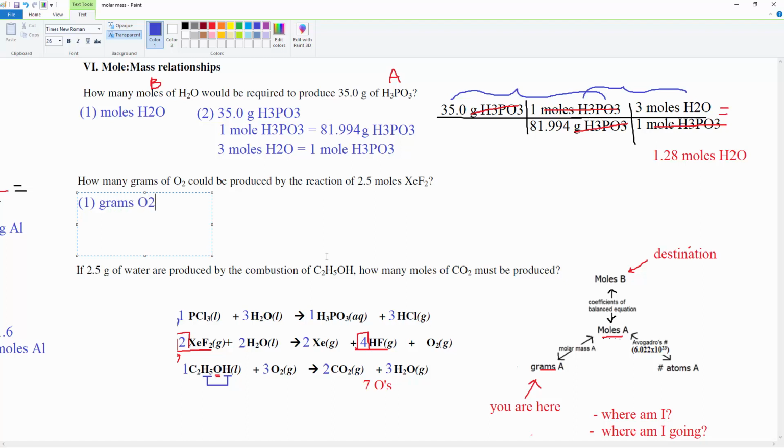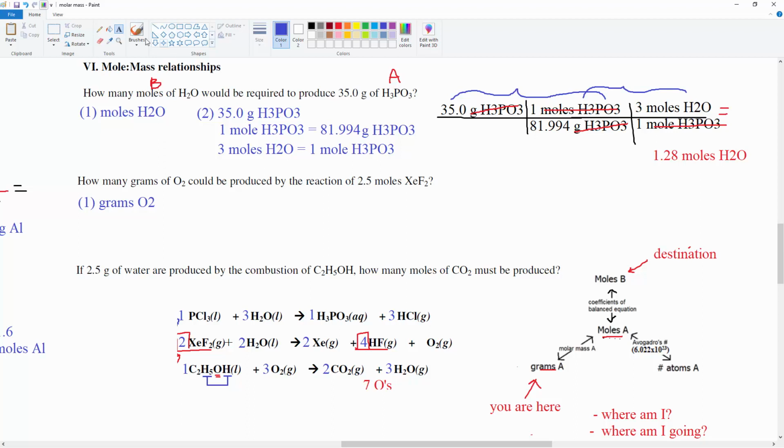Good. Since that's grams, I'm going to call this A, and that's going to make this B. So grams of oxygen is my destination, and they gave me moles of something else, so that is where I'm at.